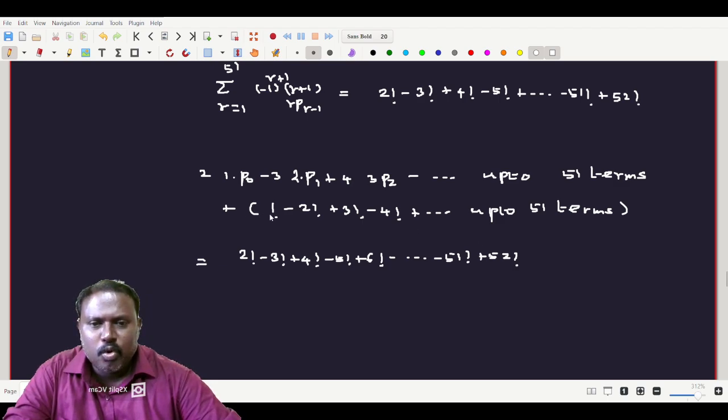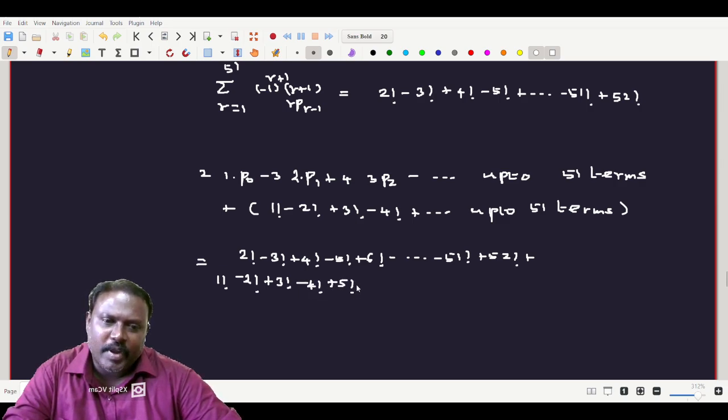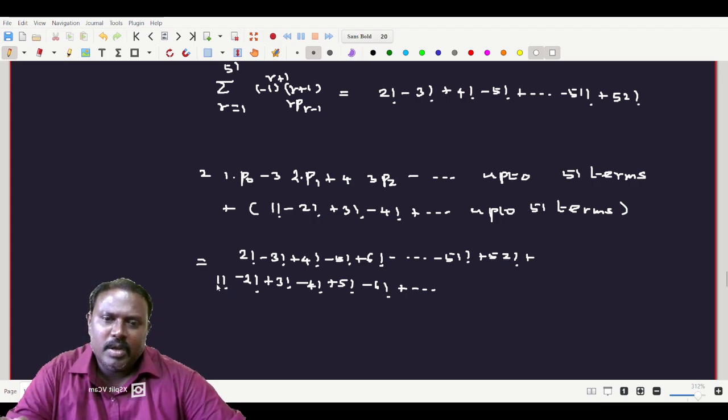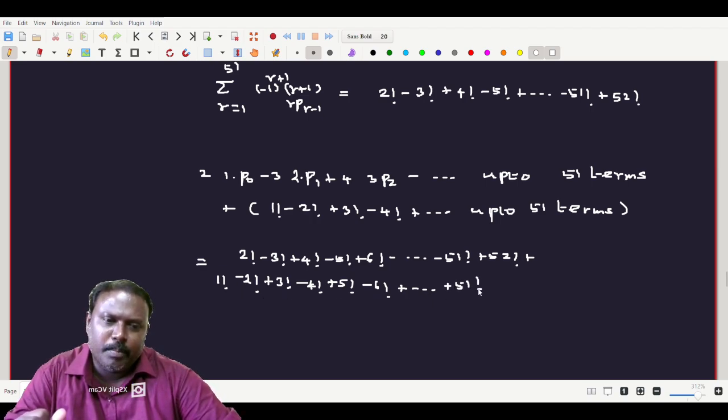And then here, 1 factorial onwards, how many terms? 51 terms: 1 factorial minus 2 factorial plus 3 factorial minus 4 factorial plus 5 factorial minus 6 factorial plus, etc. Last term 51 factorial will be coming as plus or negative, that we need to decide. See, odd terms will get positive only. So here I will be getting plus 51 factorial.